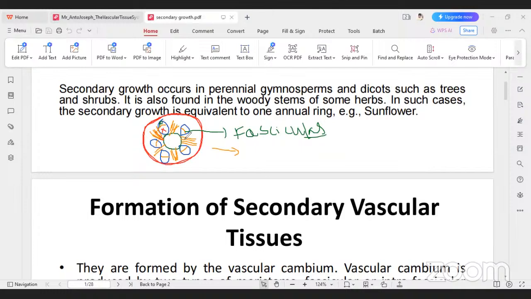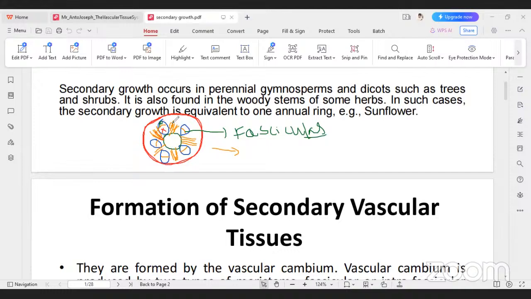They are permanent cells, but whenever necessary they can act as meristematic cells. Now these rays can turn into meristematic cells and develop as a cambium.